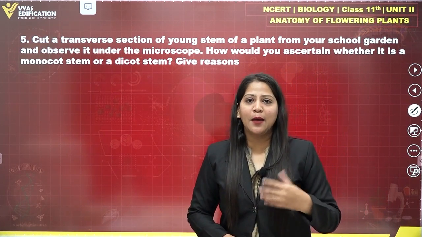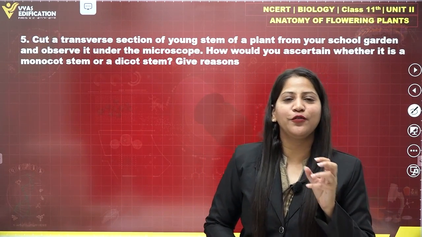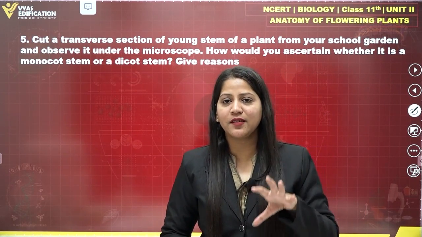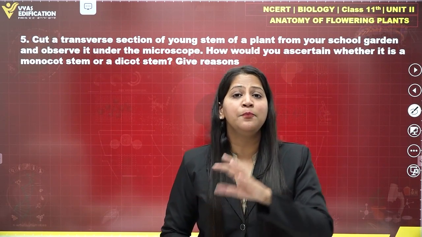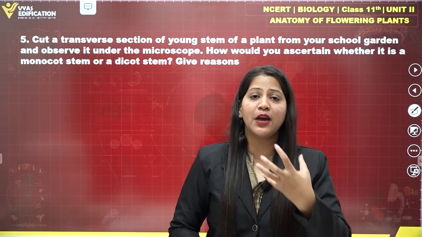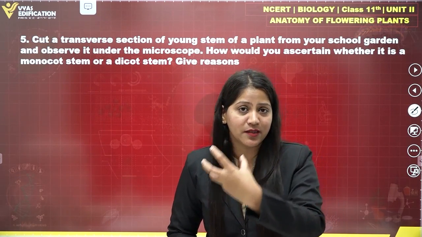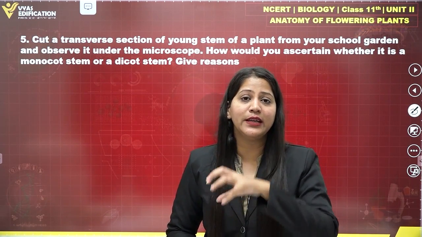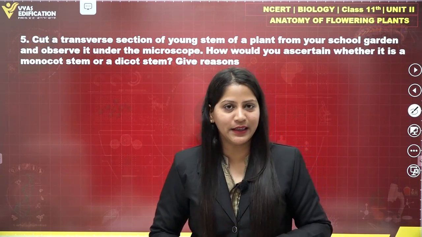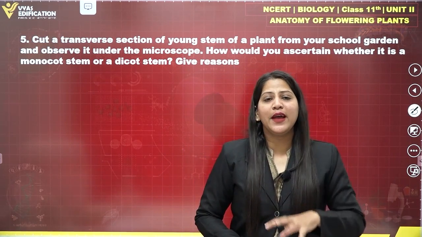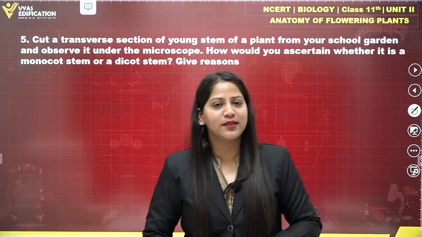So first of all, I'm going to tell you about the characteristics of dicot stem, right? On the basis of these characteristics only, we will identify whether the stem sample is dicot or monocot in nature.